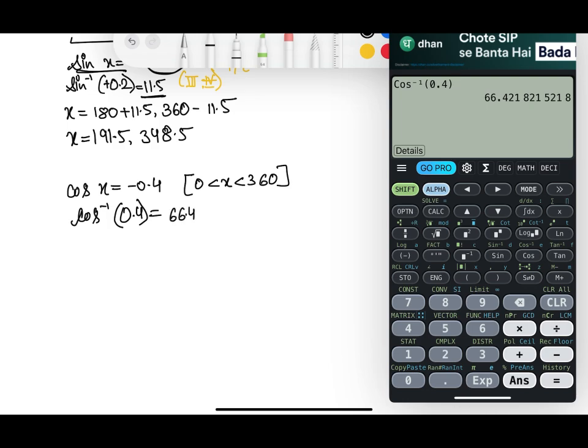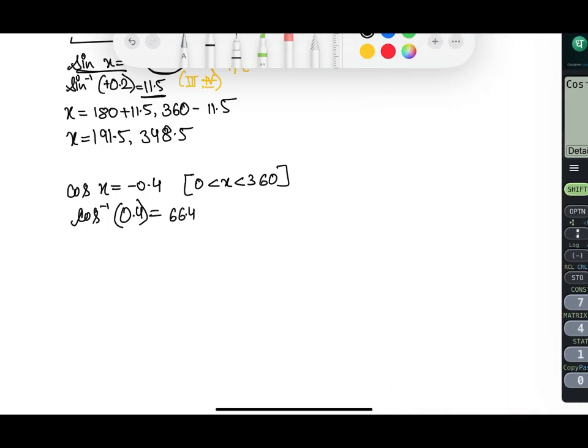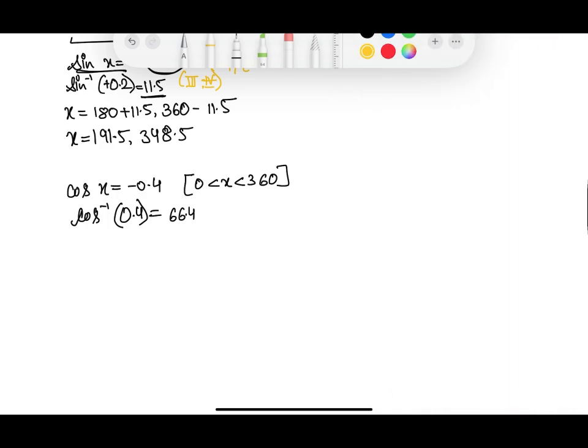But we know by the CAST rule again that the value of cos is negative in the second and third quadrant. Second and third quadrant means 90 plus and 180 plus, or we can do 180 minus and 180 plus.